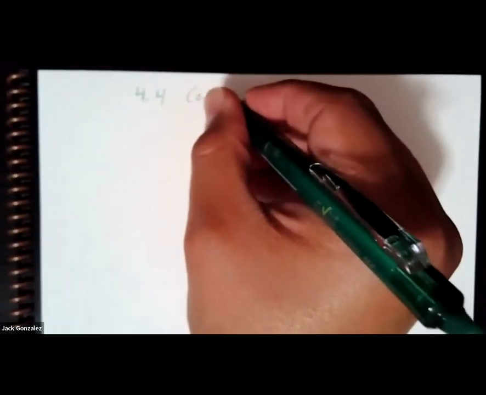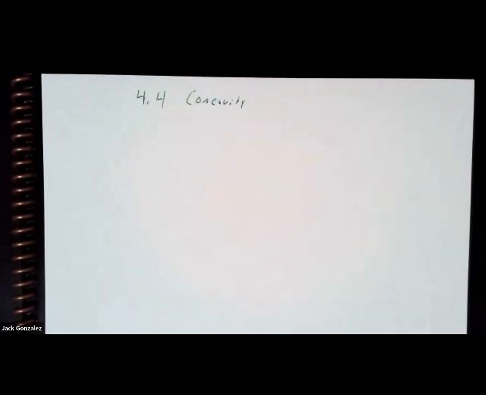Okay. So 4.4 is using the second derivative as a tool. Second derivative will tell you about concavity. First derivative told us about increasing, decreasing, and maximum minimums. But concavity can also tell you about maximum minimums as well.